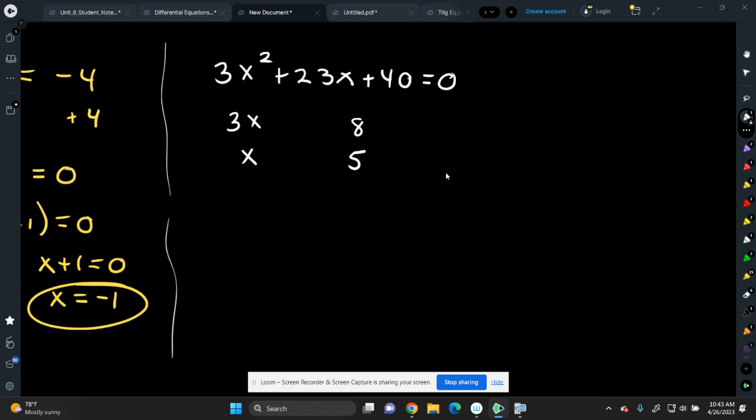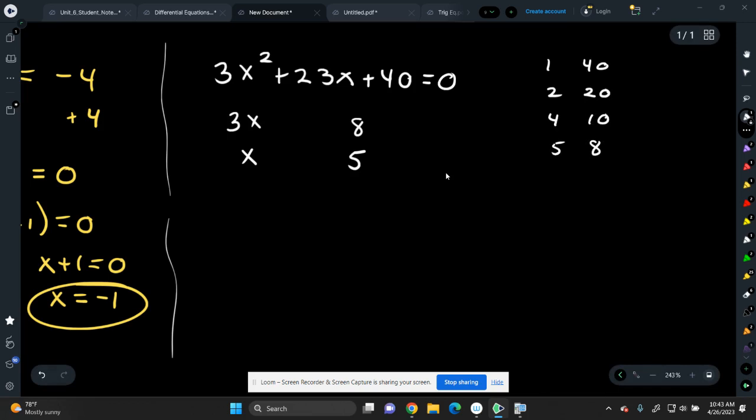Okay. We have 40, we could do 1 and 40. We can do 2 and 20, 4 and 10, 5 and 8. I just chose to try 8 and 5, and I think that actually was the right one to start with. We're going to check it. We're going to cross multiply. 3x times 5 is 15x. This is just me checking it.